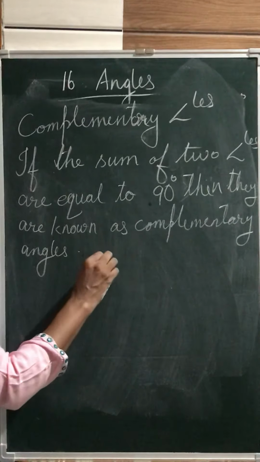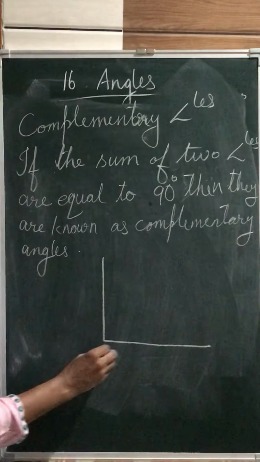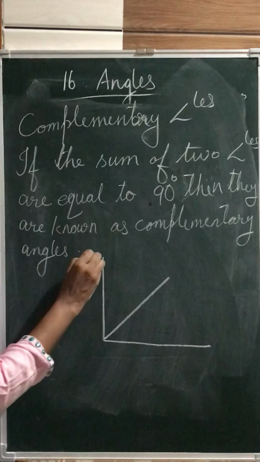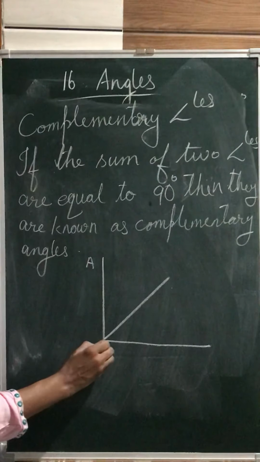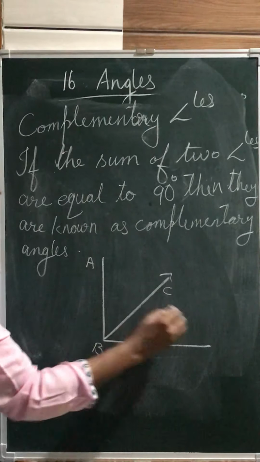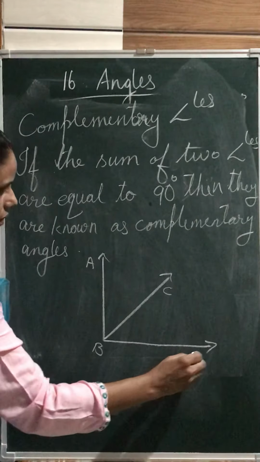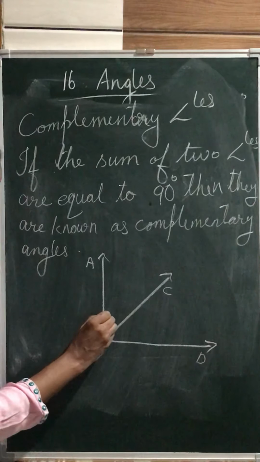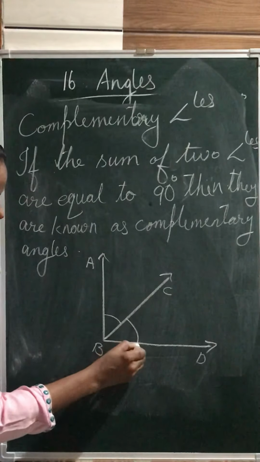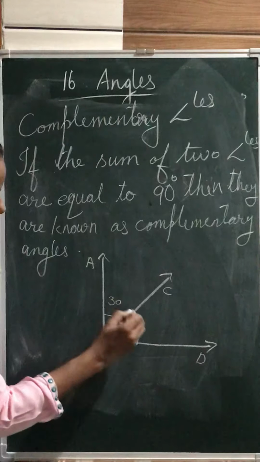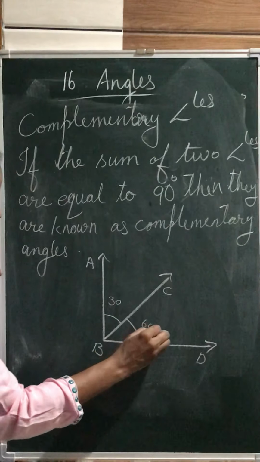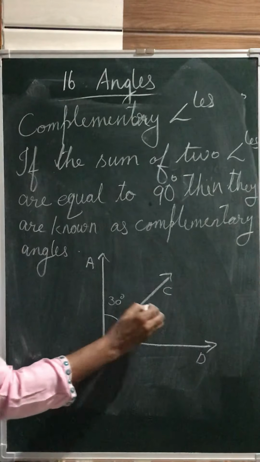Examples I am taking. A, B, C, D. This one is 30, this is 60 degree.